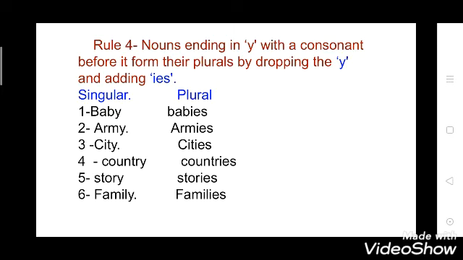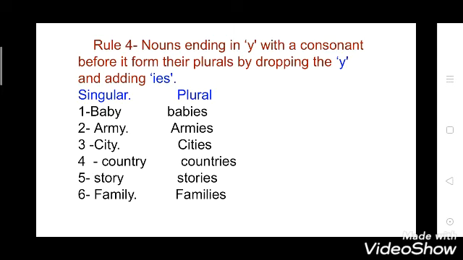Now see the second, army. Here the last letter is y, so you have to drop y and add ies, so that it becomes the plural form of army. See the third, city. Here you have to drop y, then it will become cities.